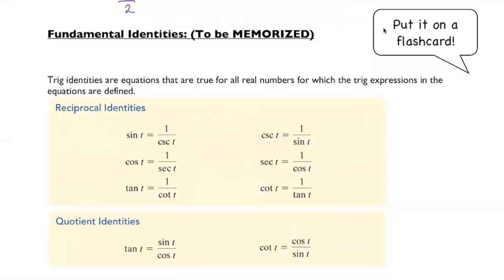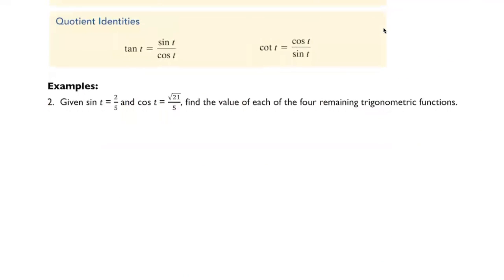Okay. And remember this notation of 1 over something, that is the notation that stands for reciprocal. That's going to flip anything over. 1 over 1/2 makes it 2. So that's what that means. Now, the quotient identities are based on, remember, the fact that tangent is equal to y over x.